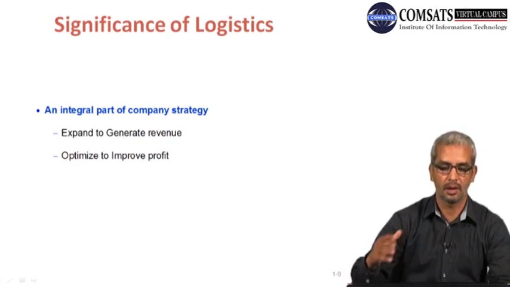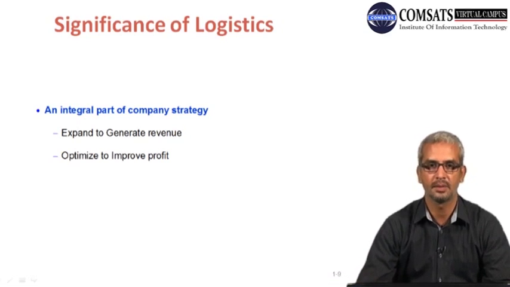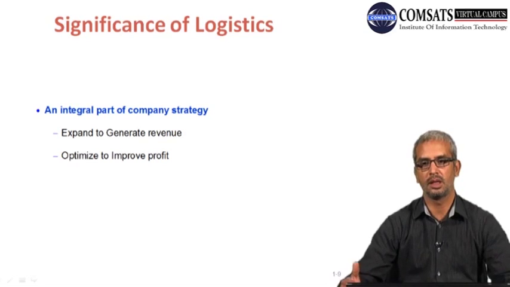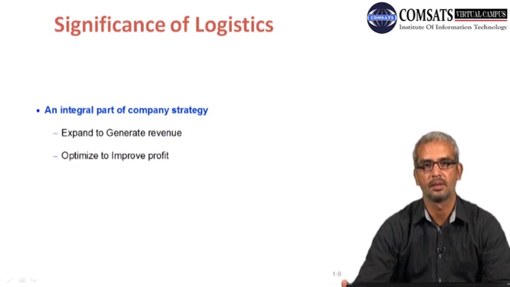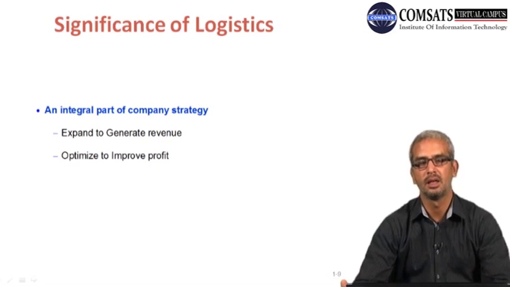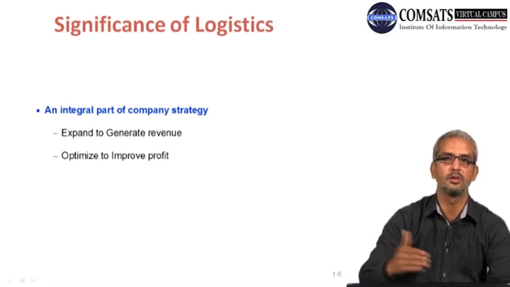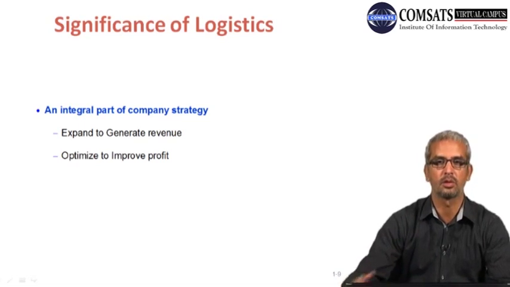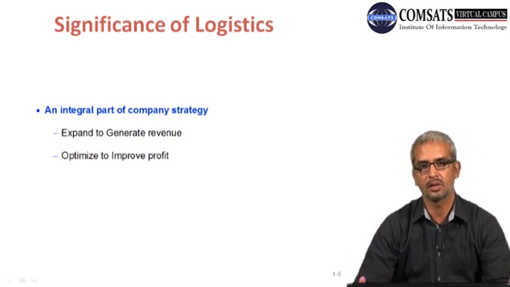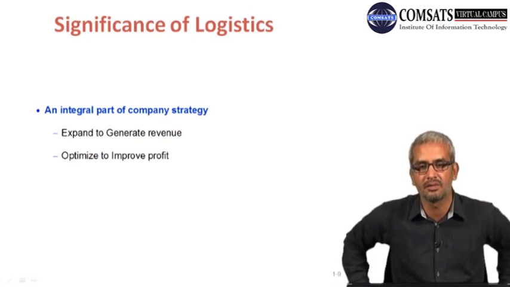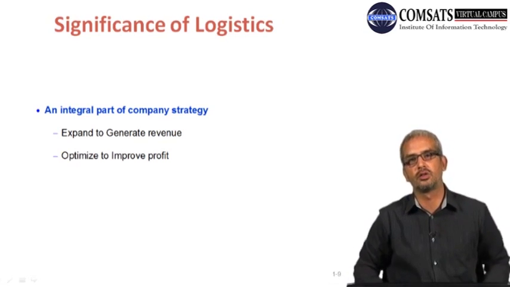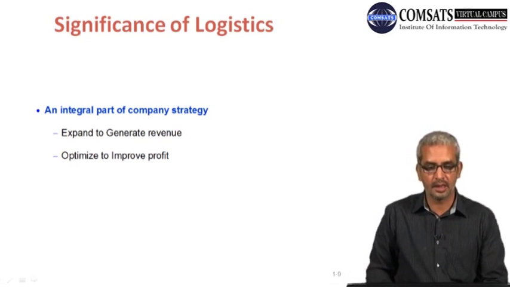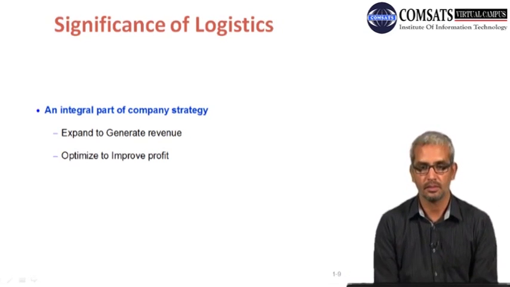So as a part of company strategy, one aspect is to ensure customer satisfaction, because you need to deliver the product to the customer in time and at the place where they need it. Further, it also reduces the cost of the total good being supplied. And this happens with the expansion of multinational corporations, with globalization, freer trade agreements, and more foreign direct investment across the globe, to expand and generate more revenues.